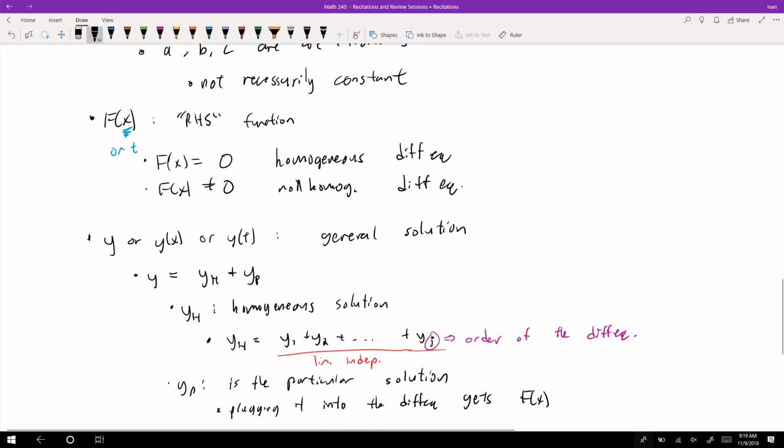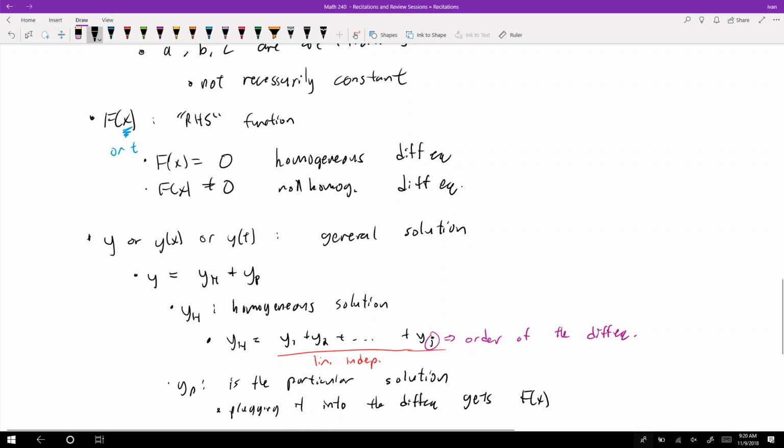The particular solution is difficult to deal with, so in this recitation we're not talking about it. The rest of this course is how we deal with the particular solution. For now, I think this homework is only on sections 8.1 and 8.2, and we're not dealing with particular solutions.